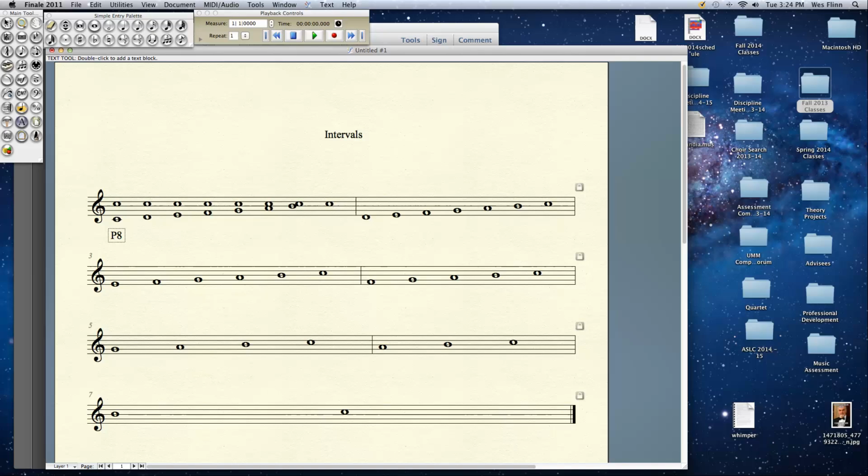And if these numbers don't mean anything, that's okay. Minor 7th, minor 6th, perfect 5th, perfect 4th, minor 3rd, minor 2nd, and then if it's a unison we refer to it as a perfect unison.